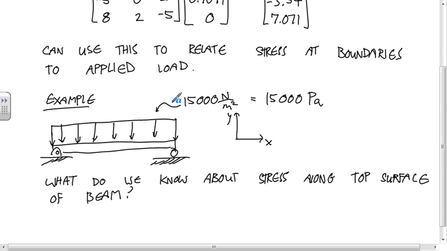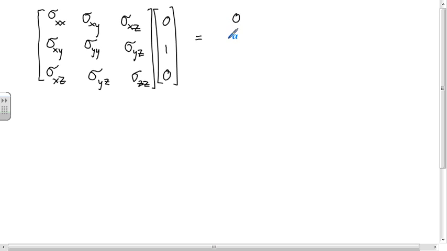So this is in the negative y direction, 15,000 is the value of the force per area on that surface. That's like a definition of the traction. Okay. So I'm going to write this as 0, negative 15,000, 0.